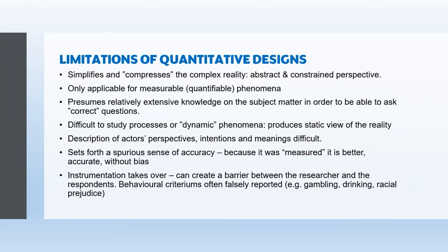Because I can't go and observe all the possible variables that can cause your job satisfaction, I've decided to choose a certain few stemming from my data in a deductive approach, and I understand that this complex reality is now abstract and constrained. It is only applicable for what is measurable and quantifiable. So what you are able to mark as your perceptions on my questionnaire is what I can measure.